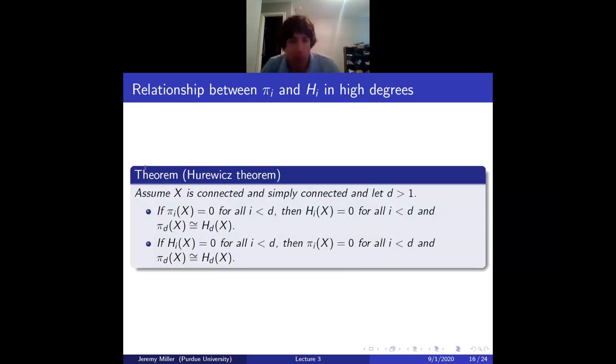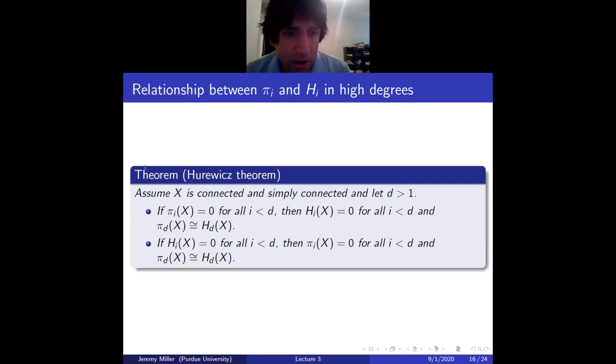Okay, so the generalization to higher degrees says that, let's assume that x is path connected and simply connected. Then the statement is that if the homotopy groups vanish for all i less than d, then the homology groups also vanish for all i less than d, and pi d of x is the same thing as H d of x.